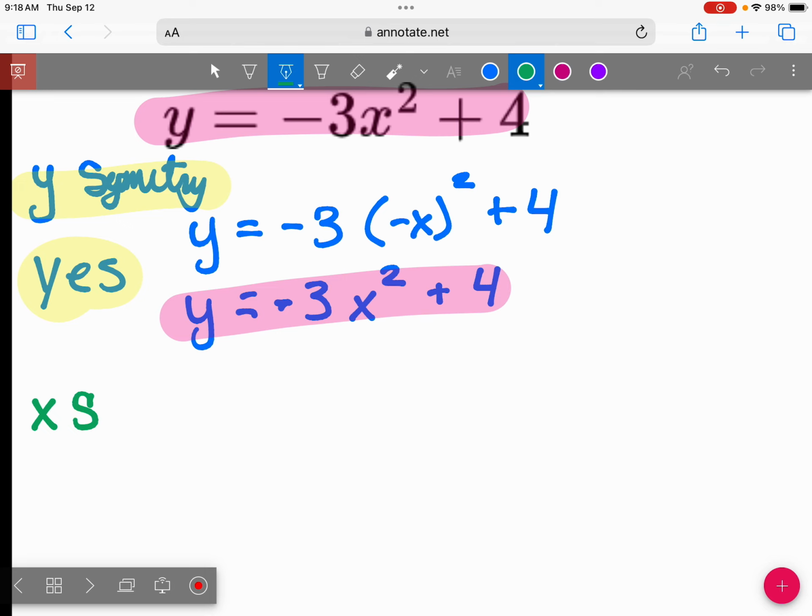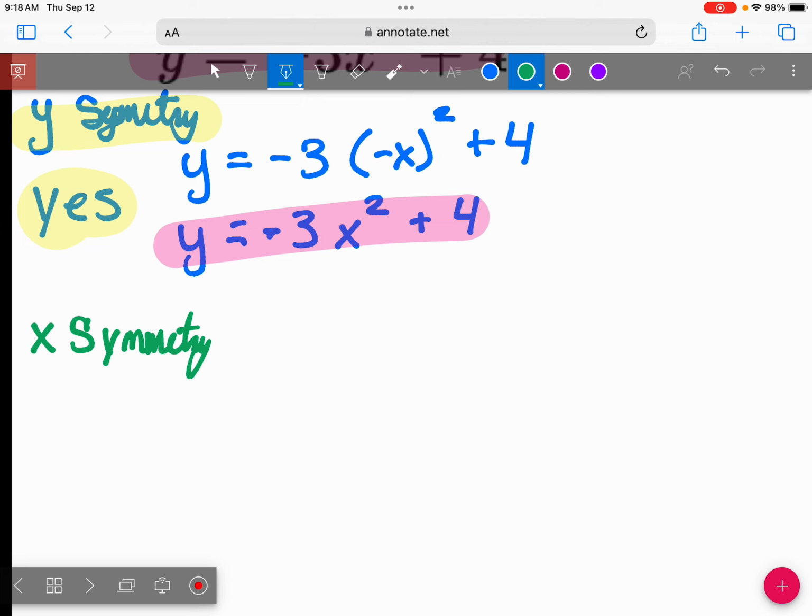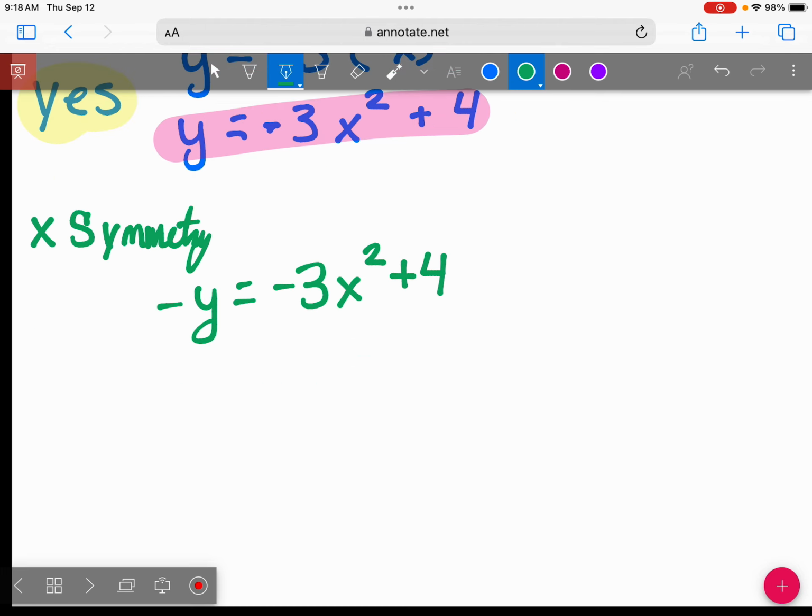So then we're going to check for x symmetry. And we're going to replace our y with the opposite of y. So the opposite of y equals negative 3x squared plus 4. And we want to get this back to a y equals, so what do we do? Divide by -1. So we have our y equals 3x squared minus 4.